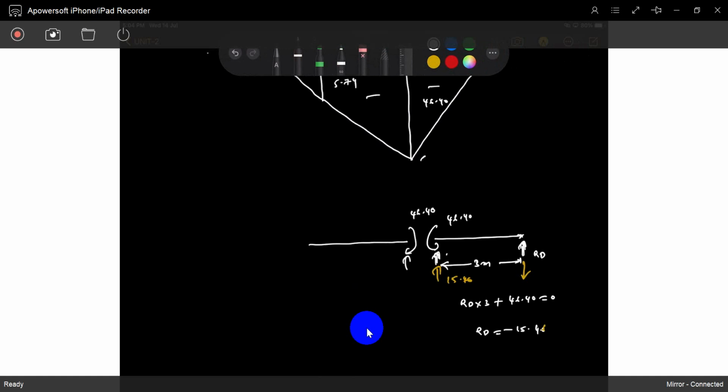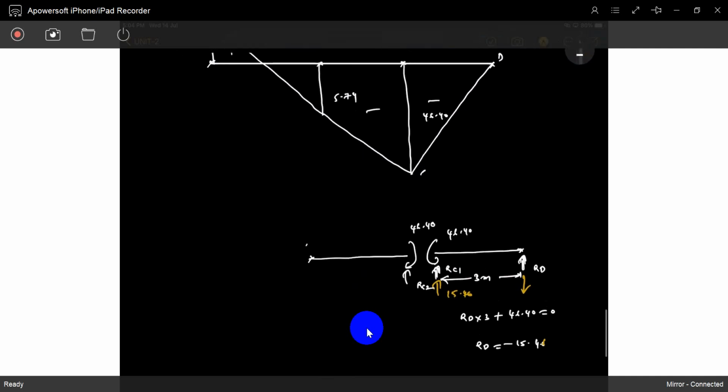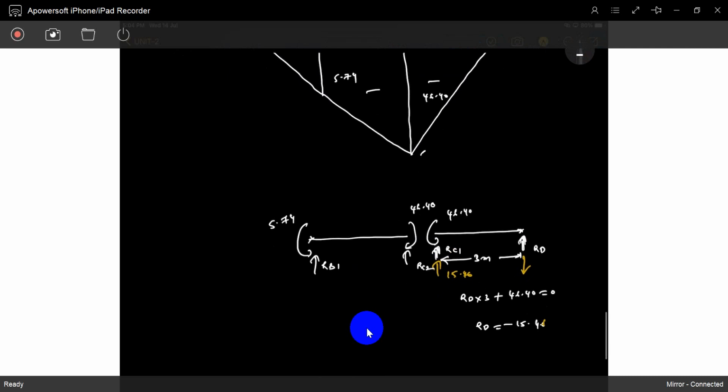Understood? Next span. Same, it is a 46.4 hogging moment at C. This is RC1, this is RC2, I call it. And what is RB? B also has a hogging moment, 5.74. RB1, I call it. This length is 5 meters.